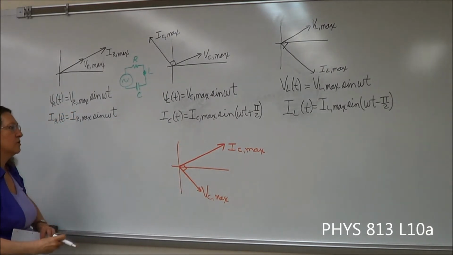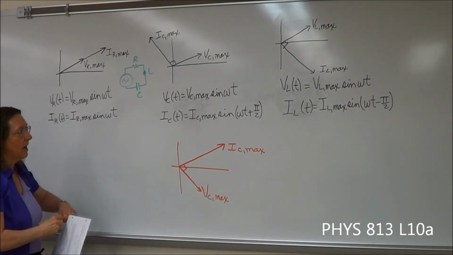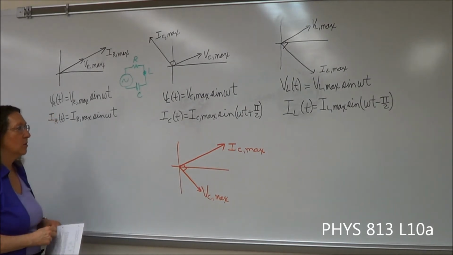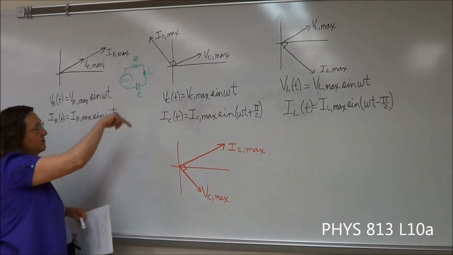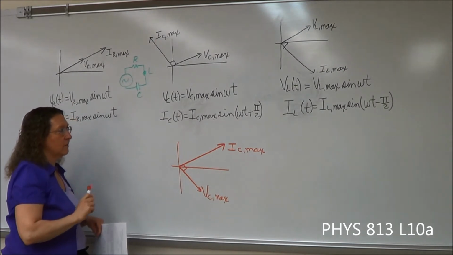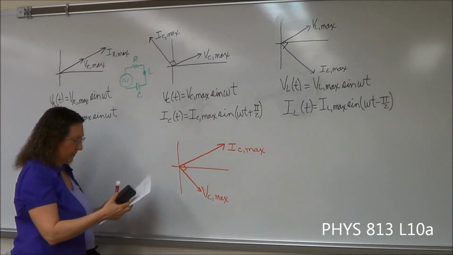Now, if we're doing that, then we have to modify our equations here. So in order to help you keep track of which equations go with which phasor diagram, as I modify these, I'm going to write them in red to match this picture.